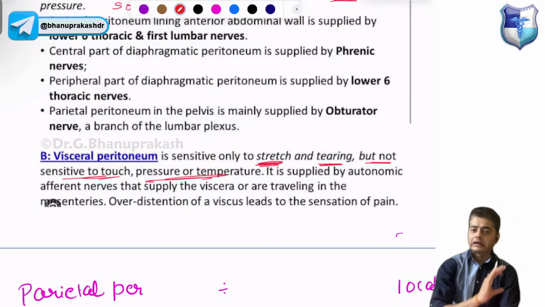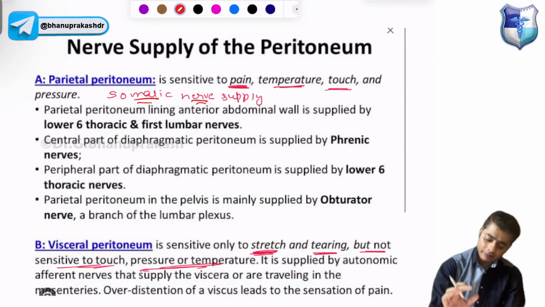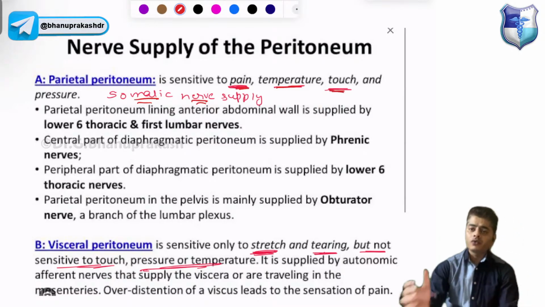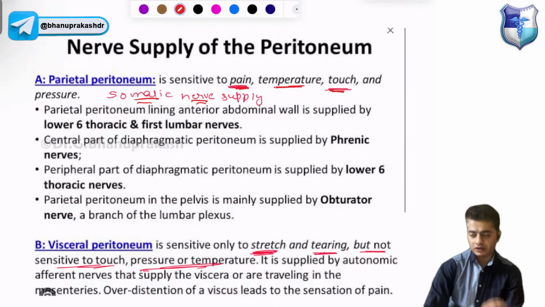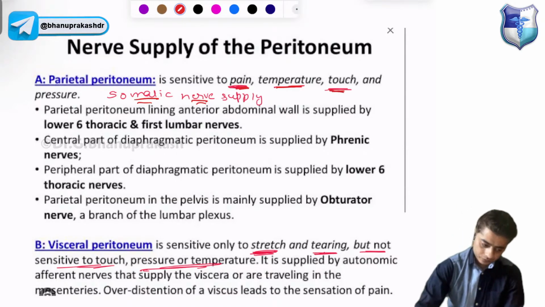Visceral peritoneum pain is generally dull and diffuse. One more important thing: parietal peritoneum is sensitive to pain, temperature, and touch. So when you are palpating the abdomen and you feel rigidity or guarding kind of pain, that pain is through the parietal peritoneum.